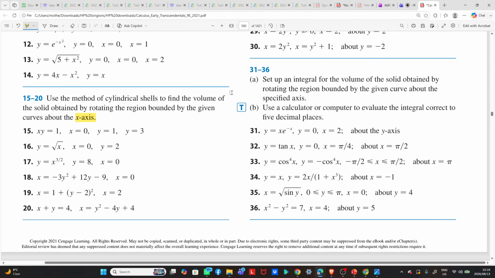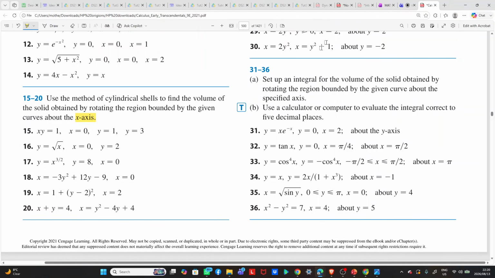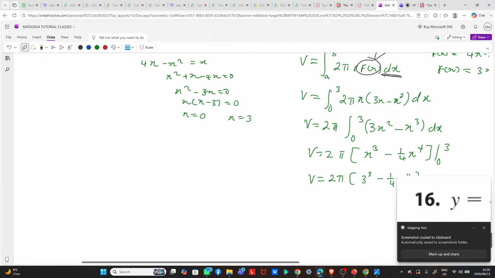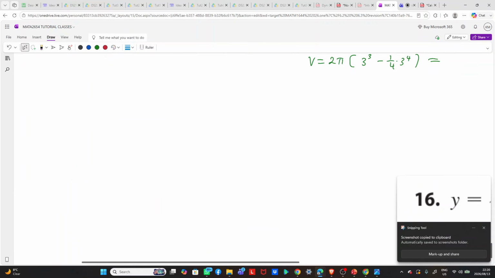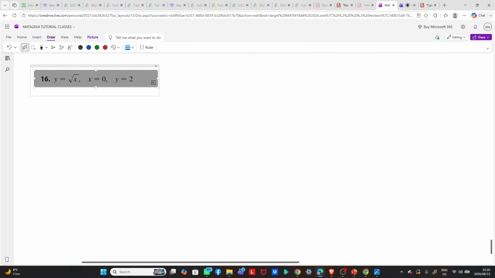Let's do another example. Maybe an example where we are going about the x-axis. So I'm going to do this.